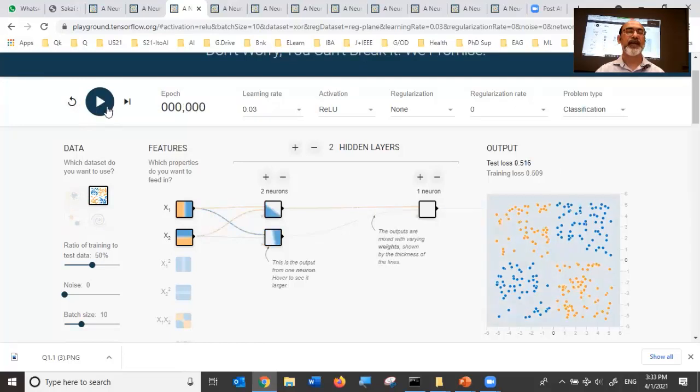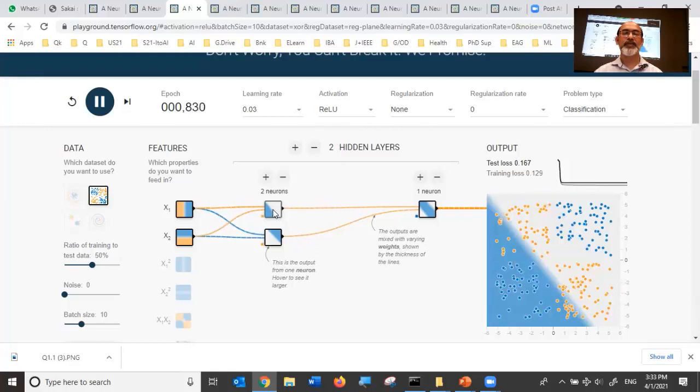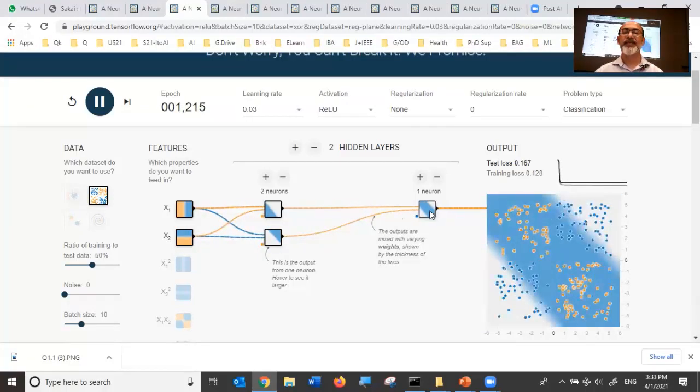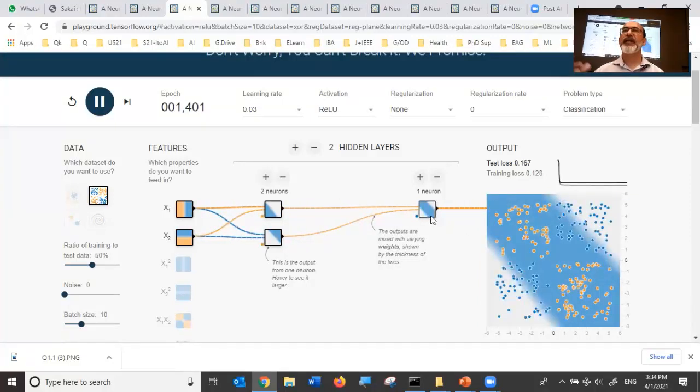Let's try to redo it and see if they do any better. Again, now they've got a horizontal line that's just coming up. So as you can see, you're initializing based on random numbers and doing backpropagation, and it doesn't necessarily always work. Okay, in this case, you can see that somehow these 2 neurons are selecting data based on a slanting line over here, and this neuron is combining these 2, and now it's differentiating between 3 areas.